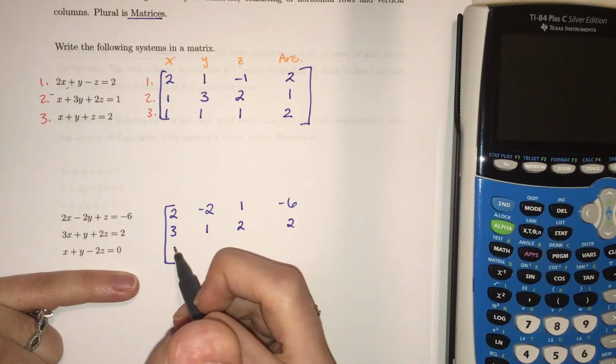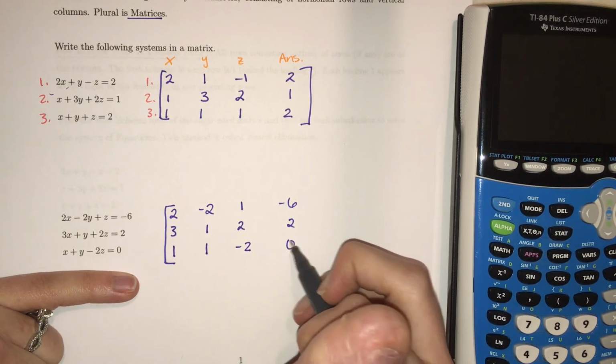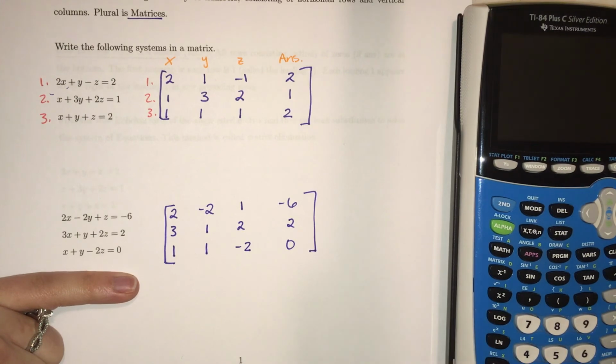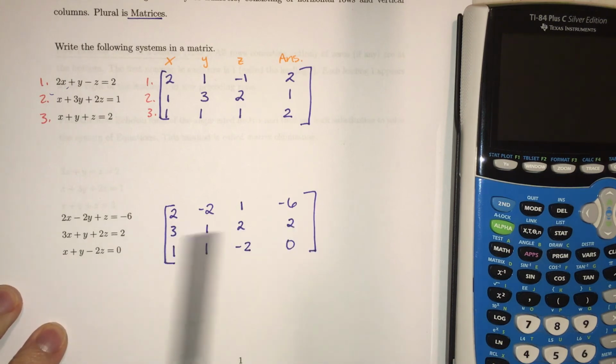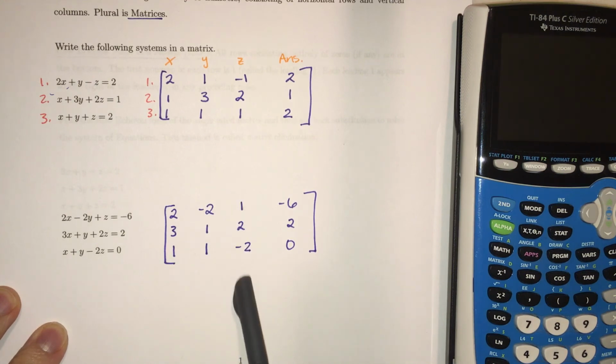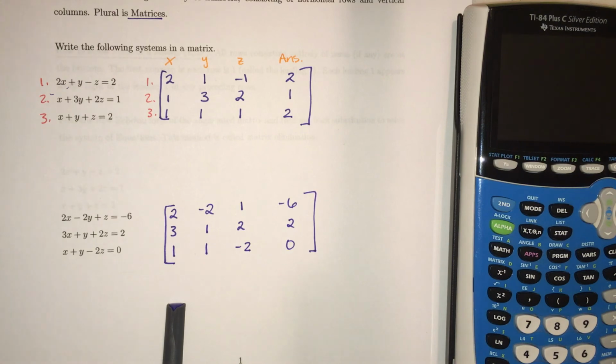And now for our last one, we have x plus y minus 2z equals 0. See, we just found the matrix for this system of equations. Notice that each row corresponds to the coefficients of the given equation, and each column corresponds to the variable. So these are all my coefficients of x. These are all my coefficients of y. These are all my coefficients of z, and these are my answers. Why don't you try one on your own?